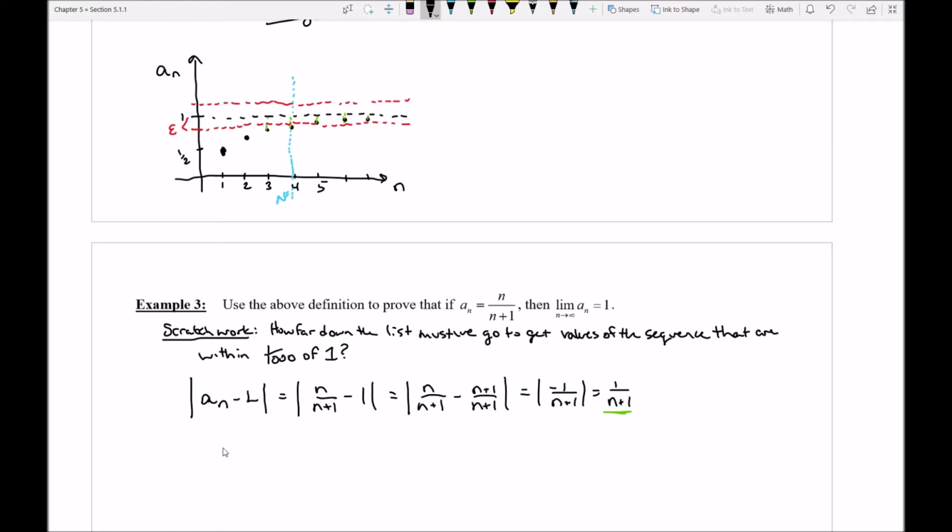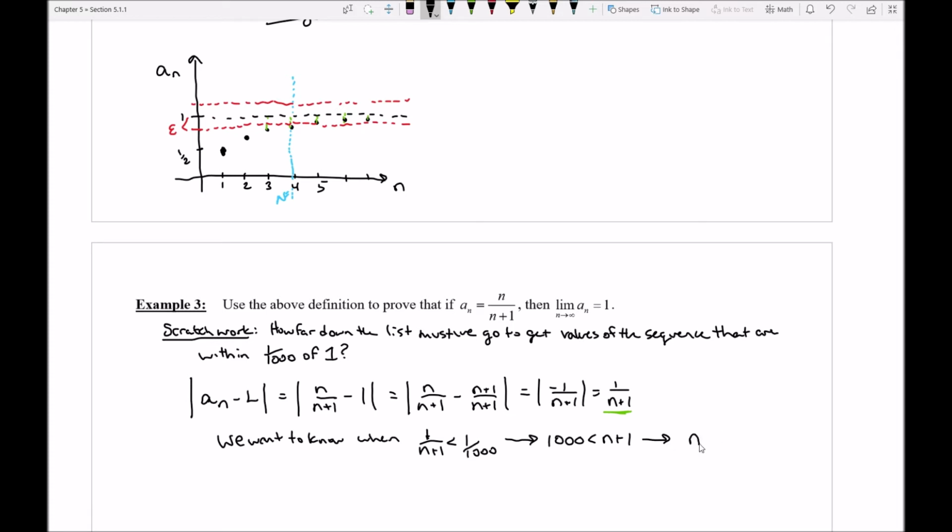And our goal is to ask, we want to know when 1 over n plus 1 will be less than 1/1000th. Well, this actually seems like a very, very reasonable and easy question to answer. By multiplying both sides by 1,000 and multiplying both sides by n plus 1, I end up with this.